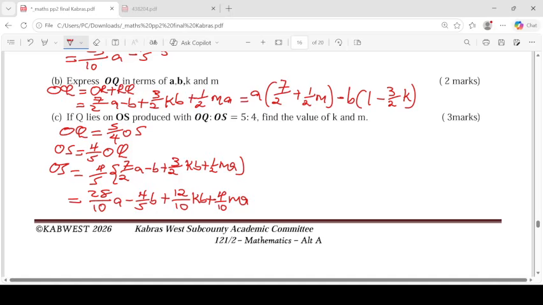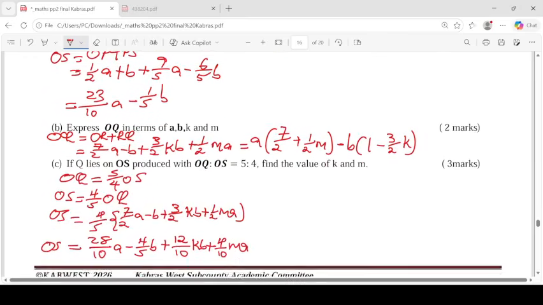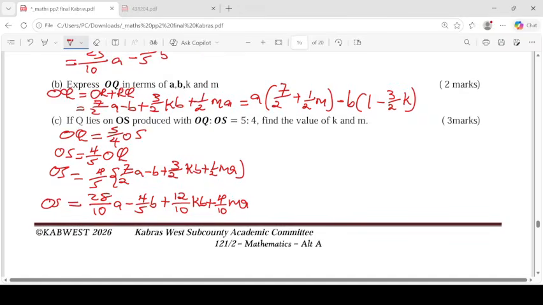So that is what we have found by expanding. But now I want us to understand that this is OS, but also remember on top here we had found another OS. So this is now the second version of OS.